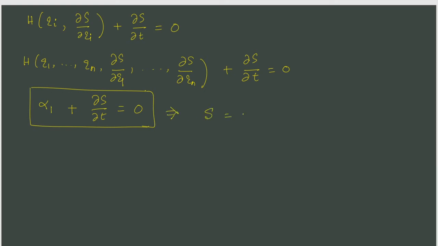That S would be like this, where W is a general function of the q's and we are only integrating the time. So we have alpha 1 t with a negative sign, of course, from this equation, and this W could be any general function of the q's.